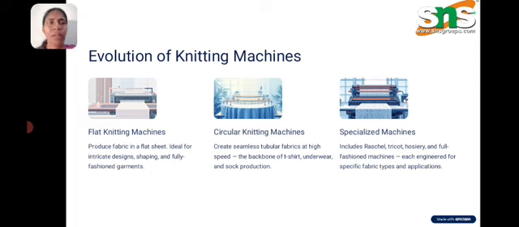Circular knitting machines create a seamless tubular fabric at high speed, the backbone of t-shirt, underwear and sock production. Specialized machines include Raschel, tricot, hosiery and full fashioned machines, each engineered for specific fabric types and applications.